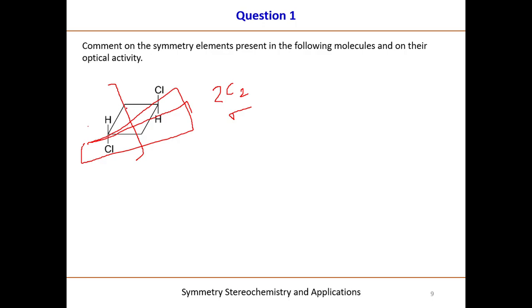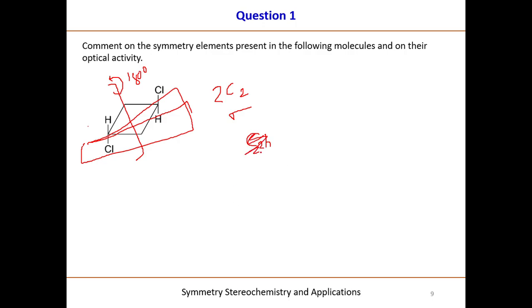Because this axis is perpendicular to the principal axis, we can call it a perpendicular axis. So the point group of this particular molecule will become C2h, because a horizontal plane is present, correct?